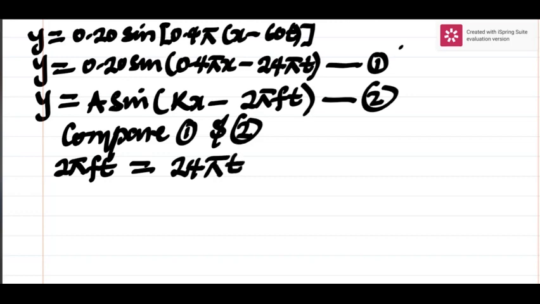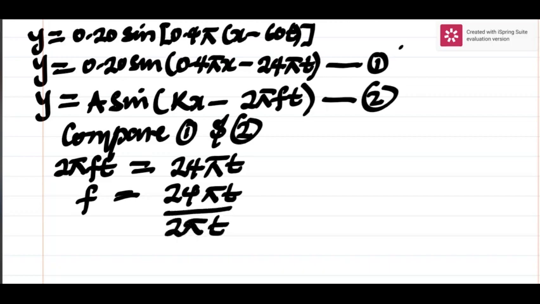That means this term is equal to this term. Making the frequency f the subject of the formula, we end up having 24πt over 2πt. The t cancels t, π cancels π, and we are left with 24 over 2. 24 divided by 2 will give us the frequency of 12 Hz.